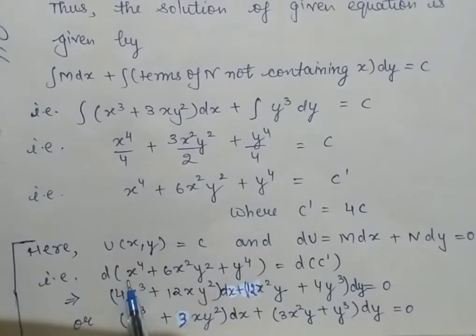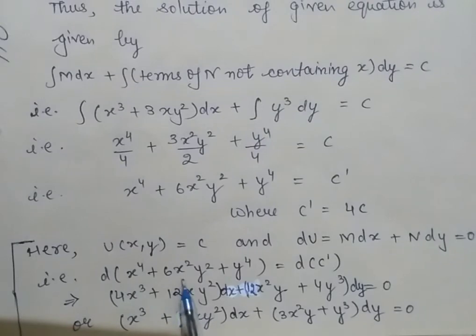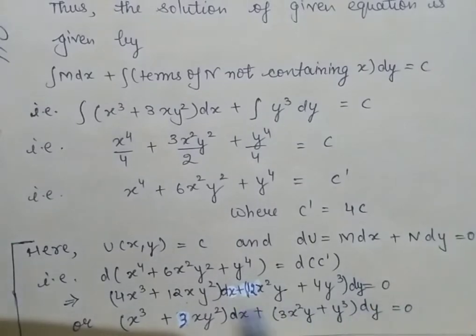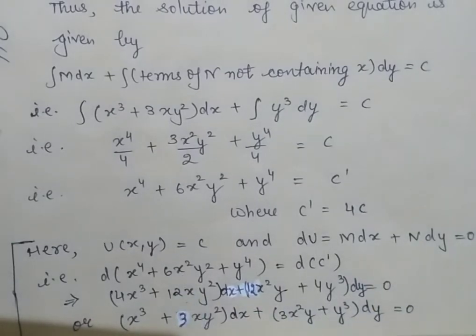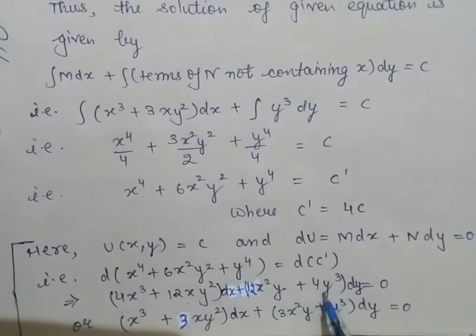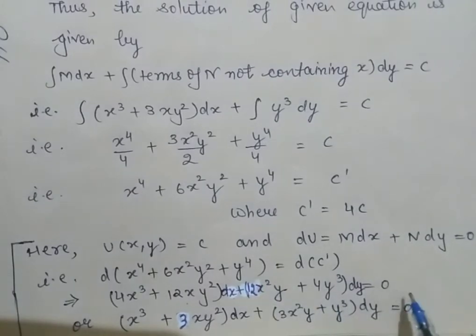Here we differentiate with respect to x. So 4x cube plus, here we have x and y both, so we will use the product rule for differentiation. If we differentiate with respect to x, then this is 12xy square and dx will come outside, plus if we differentiate this one with respect to y, then 12x square y and dy will come, plus we differentiate this with respect to y, so this is 4y cube dy equal to 0.